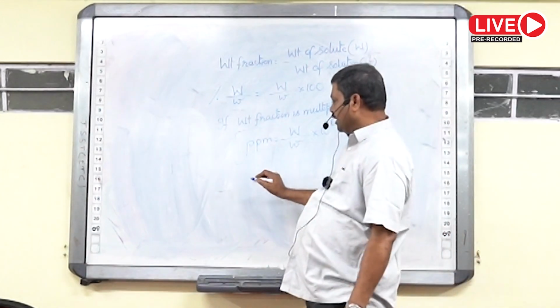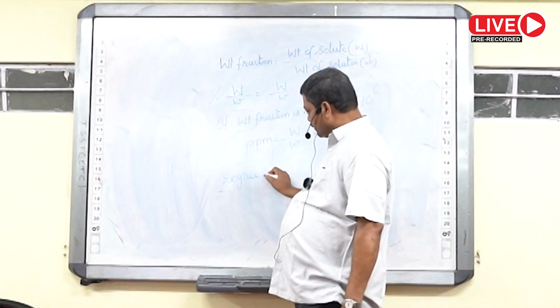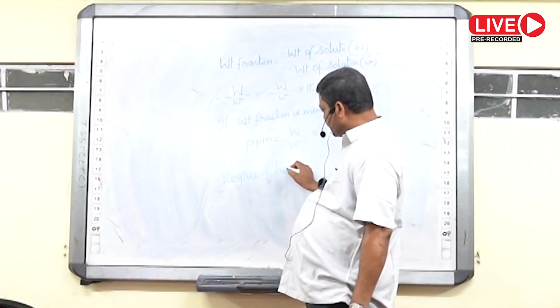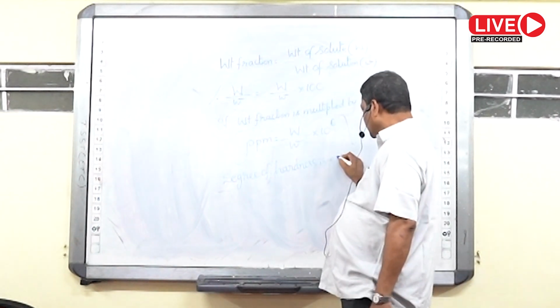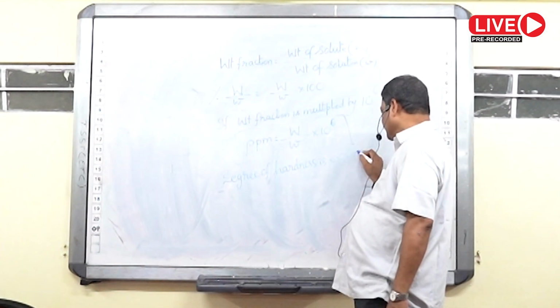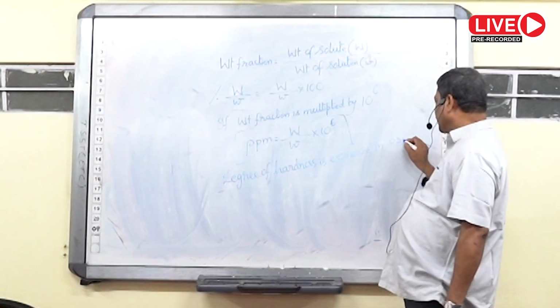Generally, degree of hardness is expressed in parts per million.